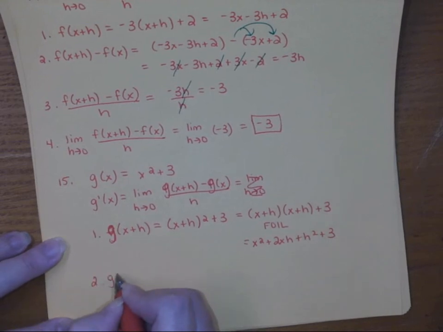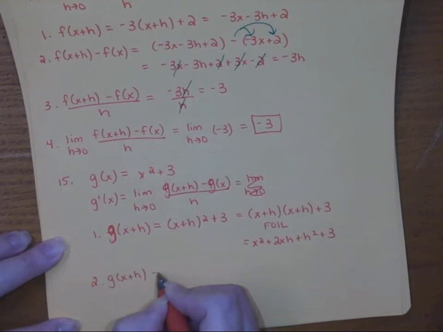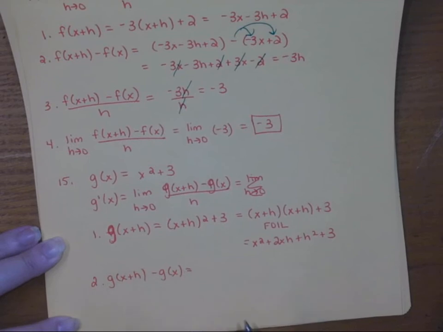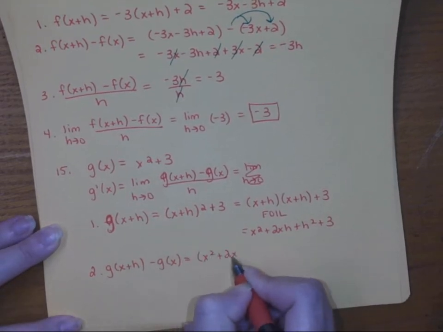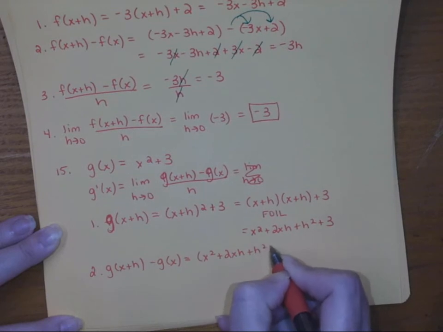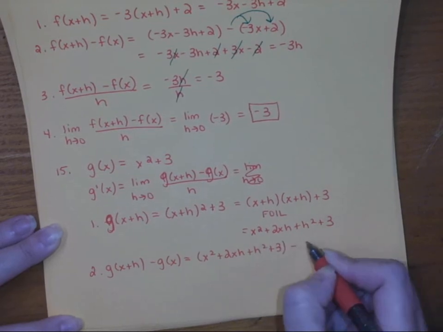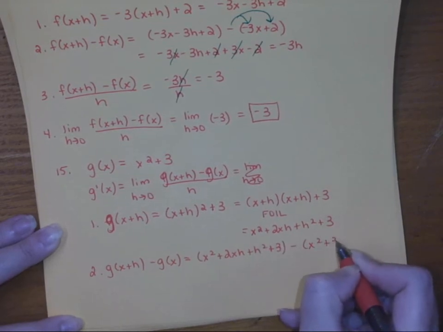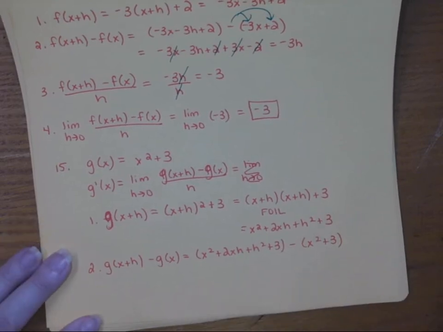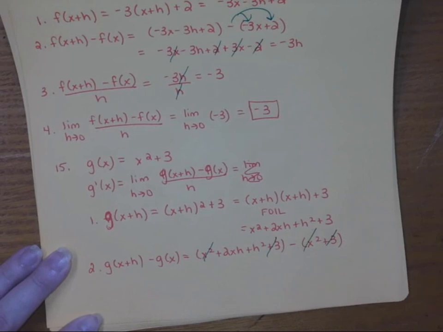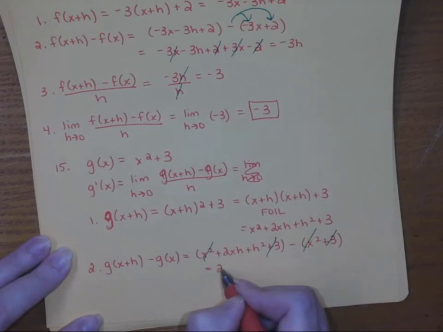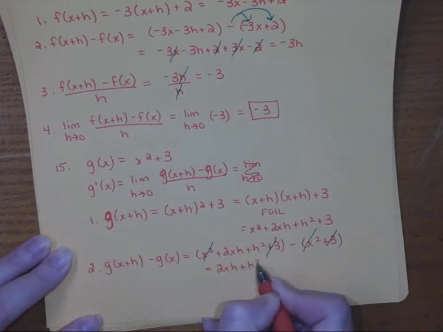So step number 2 is to take what you got in step 1, subtract off the original. So I got this for step 1. And I'm going to subtract off the original. Okay, so notice that's going to cancel these and these, leaving 2xh plus h squared.